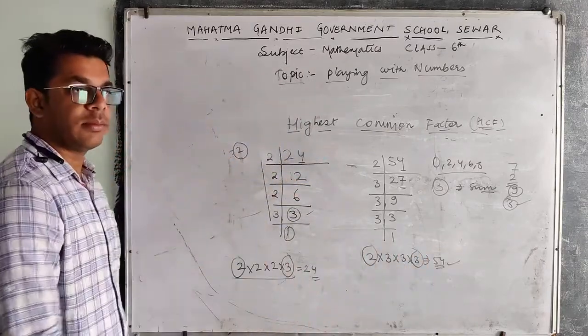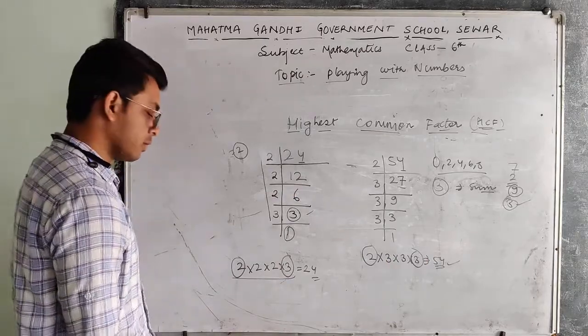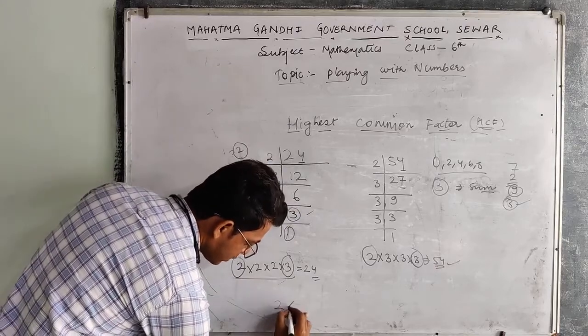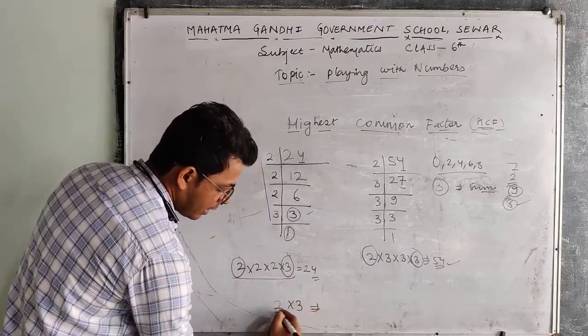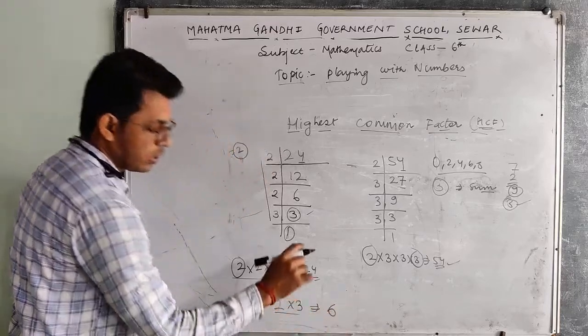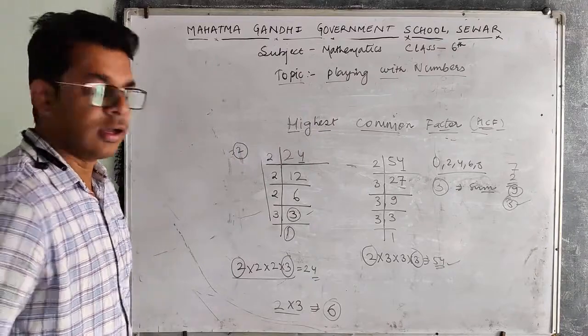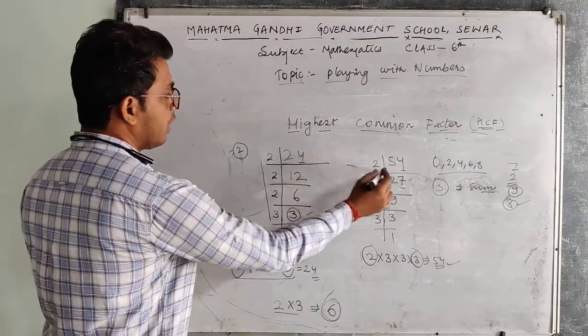No other numbers are common in these two. We place these common factors separately. 2 is common and 3 is common, and we multiply them. 2 into 3 is equal to 6. So 6 is the highest common factor of 24 and 54.